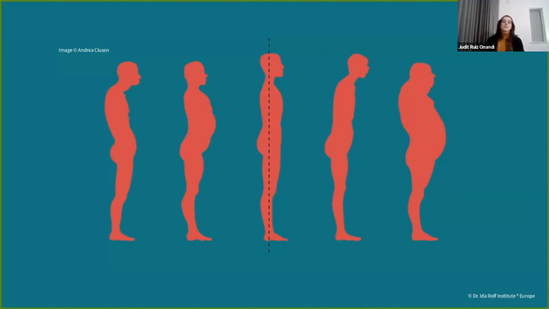Because again, it's a whole body event. The head is in front of the thorax, but actually the thorax is behind the pelvis. And the pelvis is kind of in front of the middle of the foot. So the whole body arrived into a balance where the center of gravity of the whole body is somewhere in my feet. And this is what happens for me to arrive into a balanced posture.